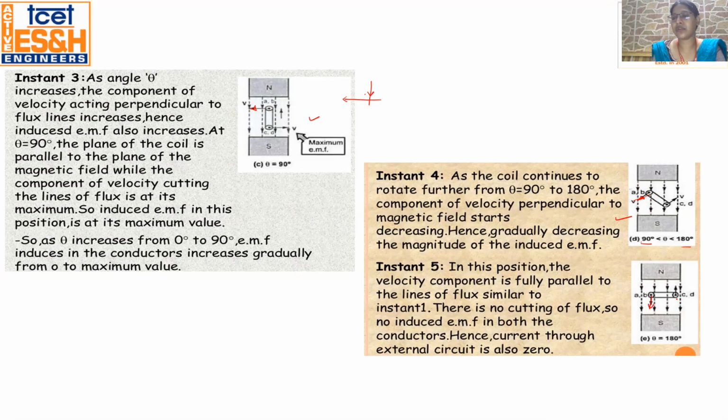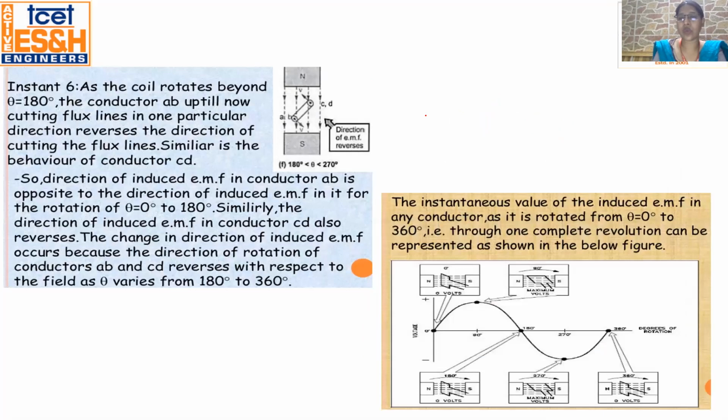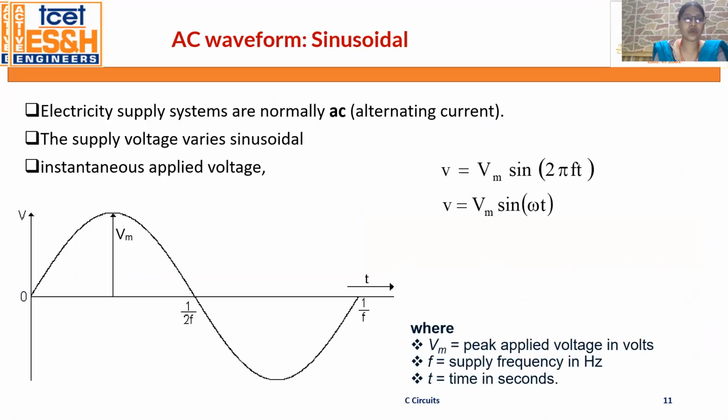Due to this reverse direction, your voltage has just completed one positive cycle. After this portion, your AC waveform is generated in the negative part. So in this way, you have an AC waveform that looks like a sinusoidal waveform.